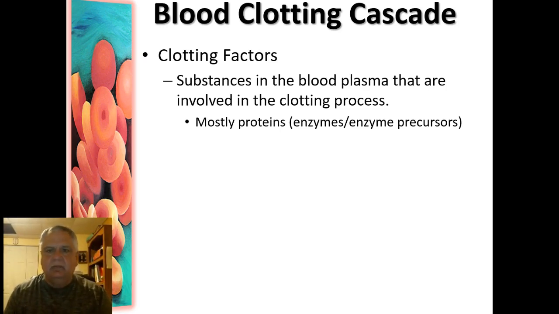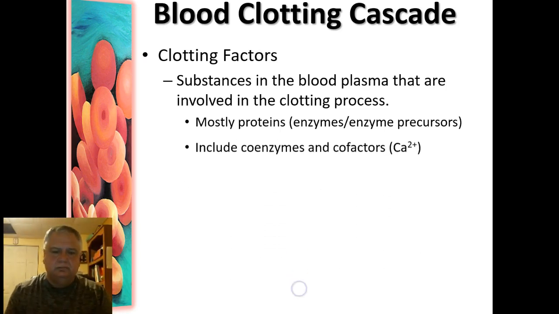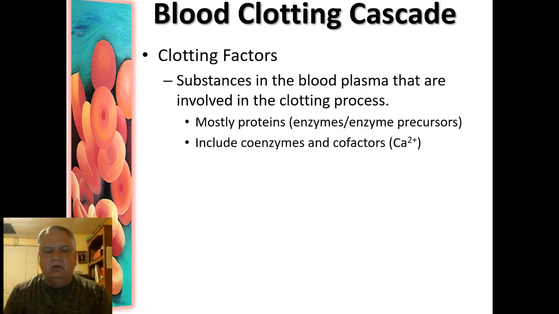They're missing something and they can't act on the substrate, so they're precursors. So these clotting factors would also include coenzymes and cofactors. These are substances that would help the enzyme precursors to become active and to act on the substrates they're designed for.